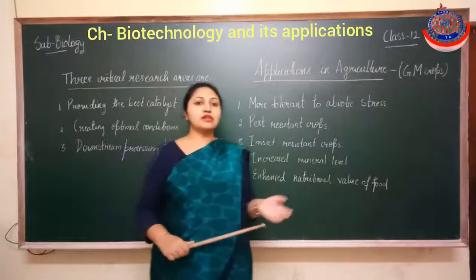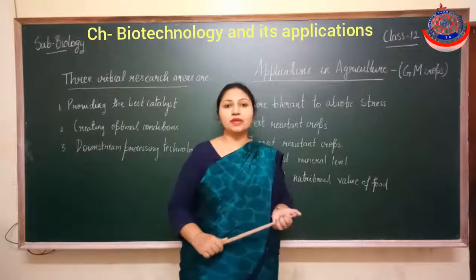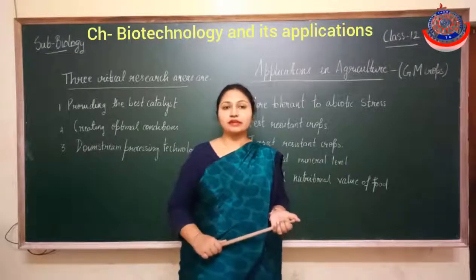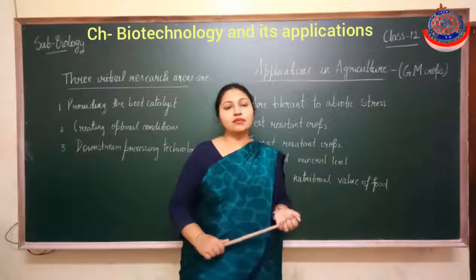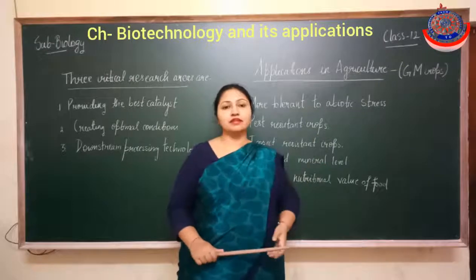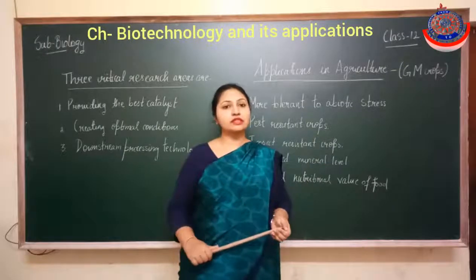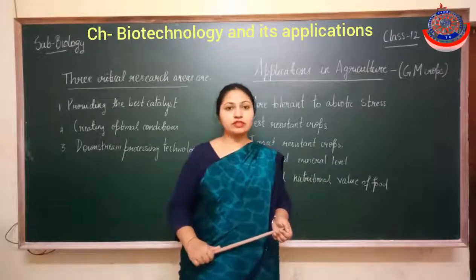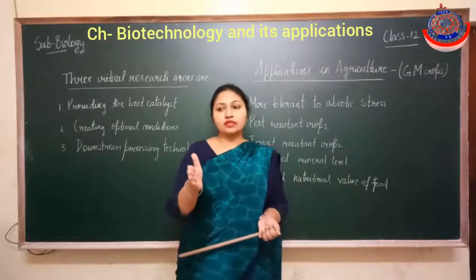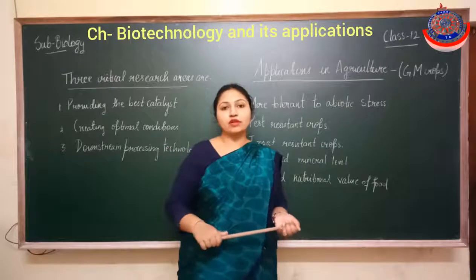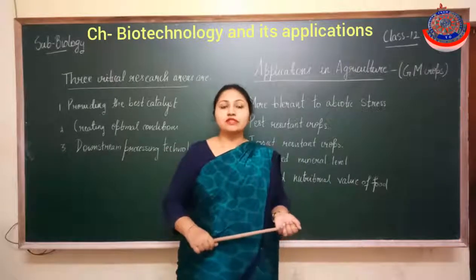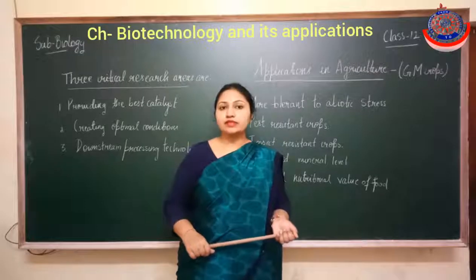First point, agro-based agriculture, second, organic farming, and third, genetically modified crops. Basically these three methods are responsible for increasing the food production, for increasing the crop yield. It is also responsible for the green revolution. Clear? So now first point, agro-based agriculture.